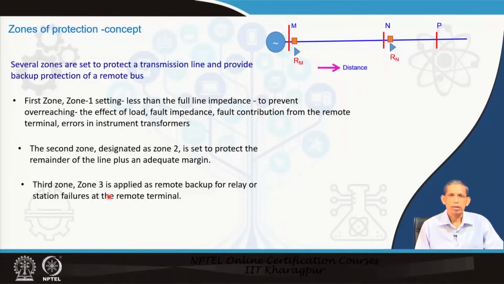There is another setting, the third zone, zone 3, that takes care of the remote bus, as a backup protection for the remote bus relay in case of station failure.